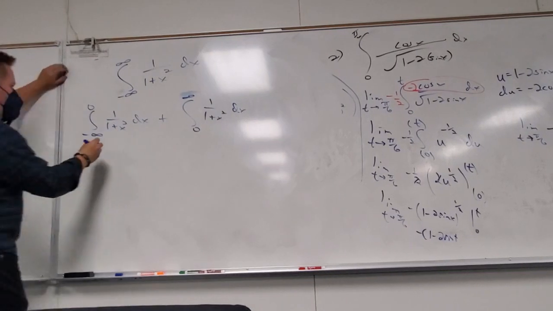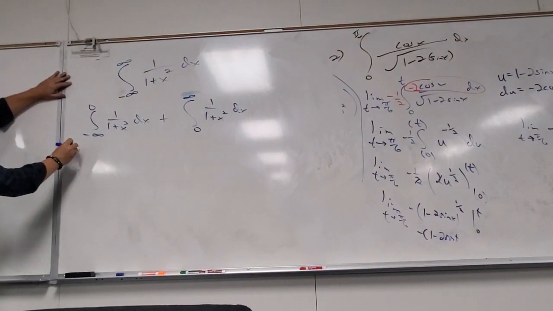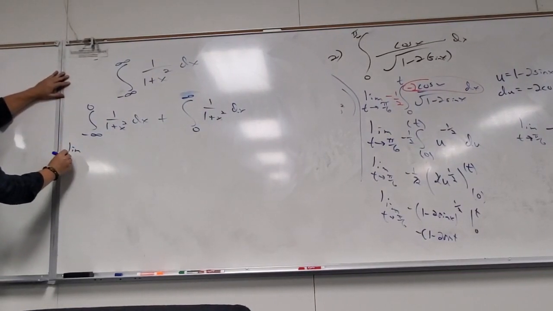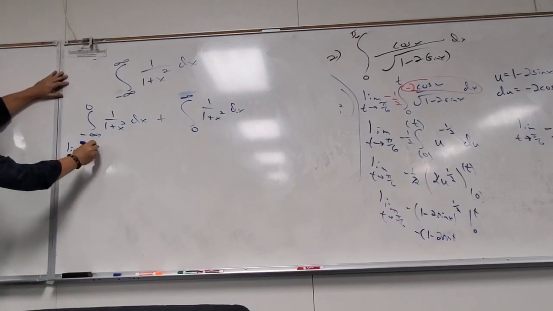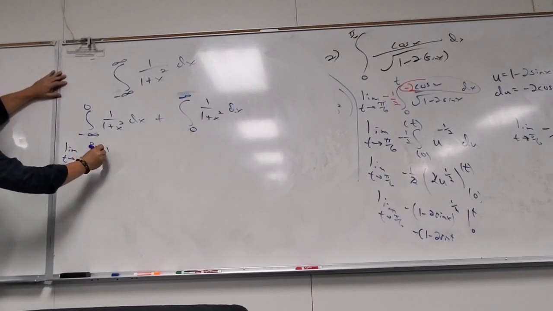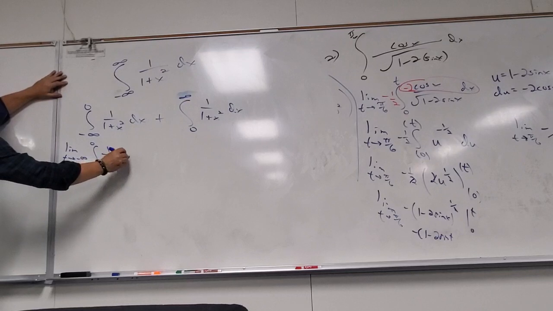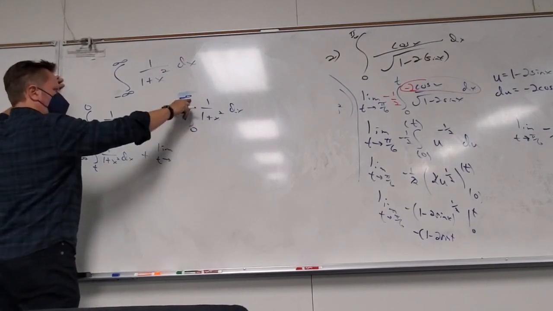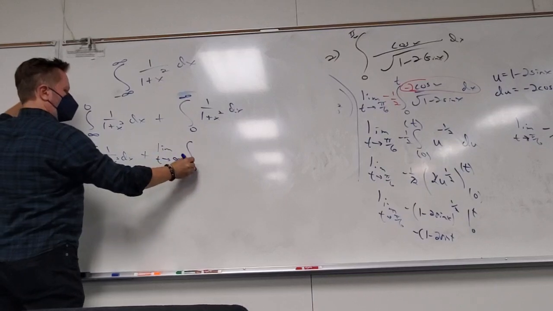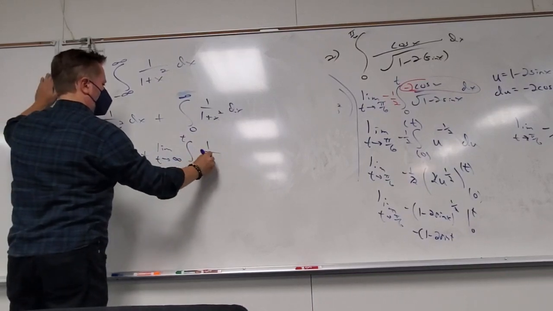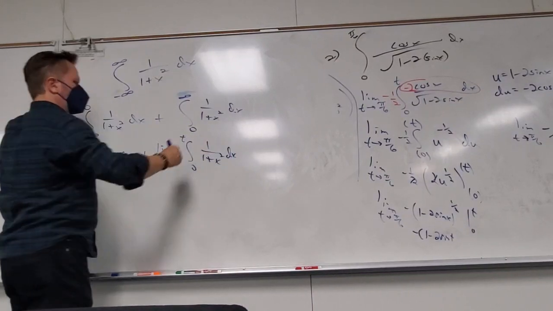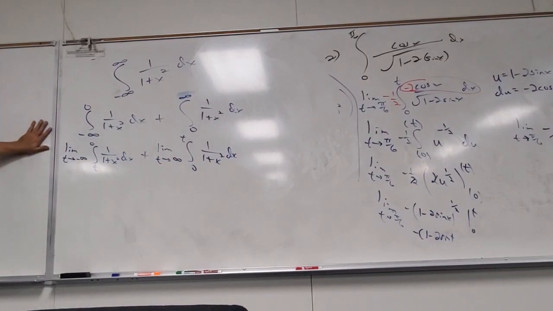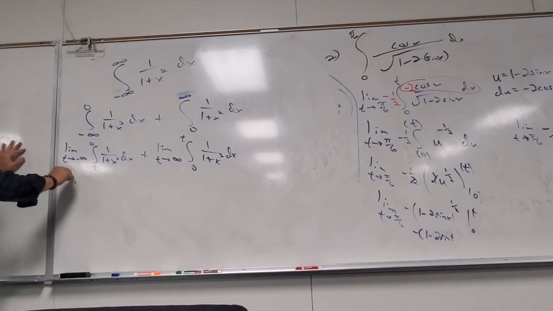So this first one, how would I rewrite it? Limit as t goes to negative infinity, integral from t to 0, 1 over 1 plus x squared dx, plus the limit as t goes to infinity. Now this integral came up earlier, right?